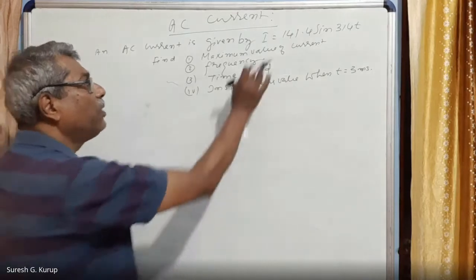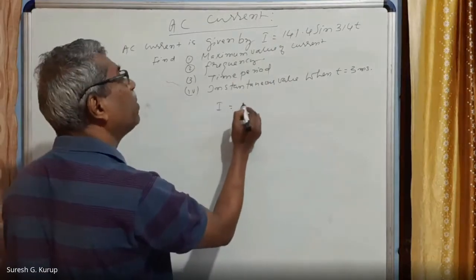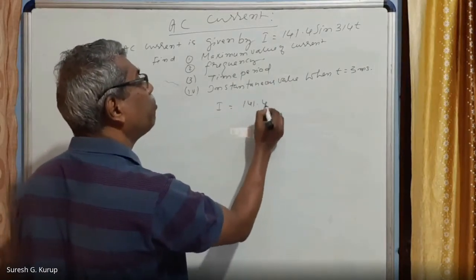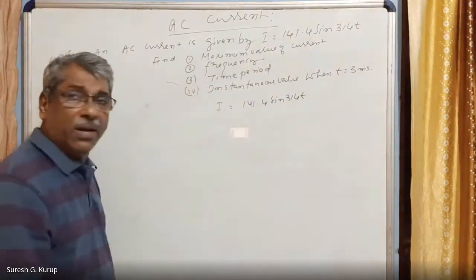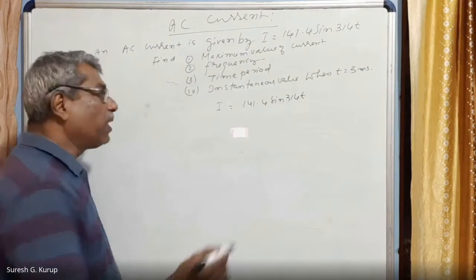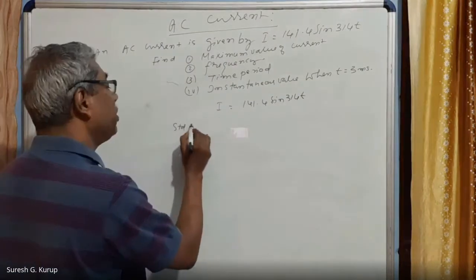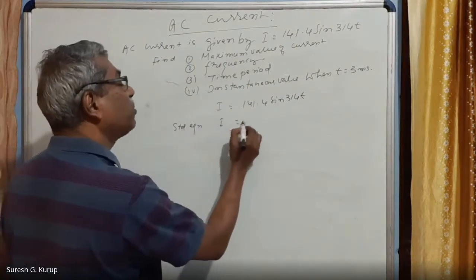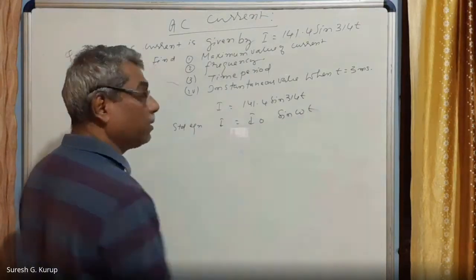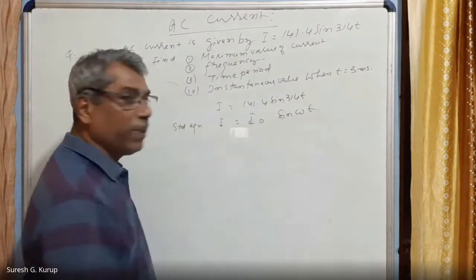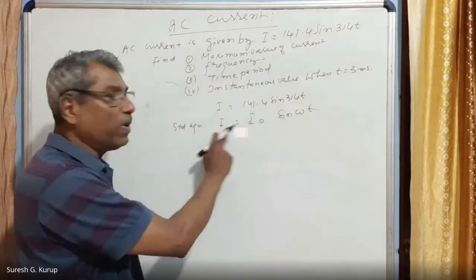Right? The given value is I is equal to 141.4 sine 314t. Our standard equation of current is I is equal to I0 sine omega t. So when we compare this one, what is I? Instantaneous. What is I0?